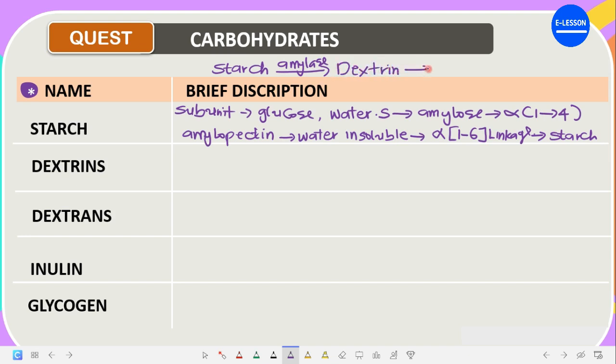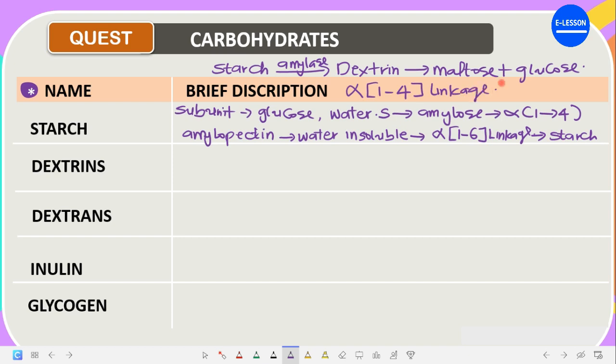Then we say from dextrin to what? To maltose. Then from maltose to what? Glucose. Now, one thing you need to know is that amylase only acts on alpha 1,4 linkage. It only acts on what?